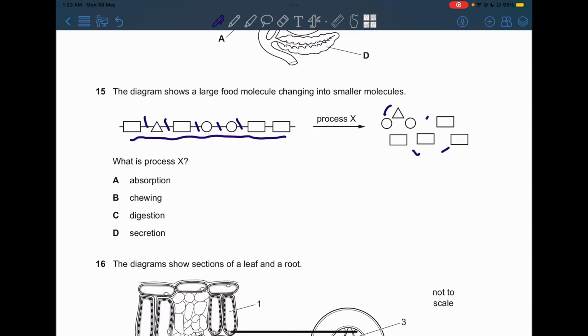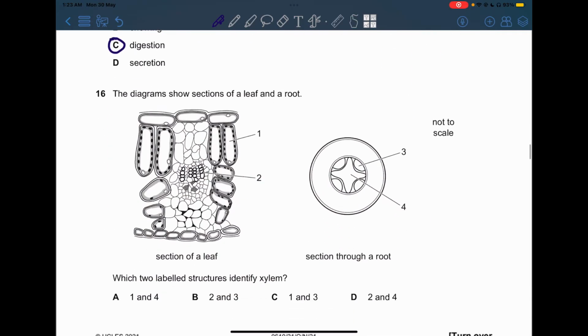So what is exactly that process? We're going to be saying that it is actually digestion, because digestion breaks down large food molecules into smaller food molecules, or it breaks down, like as you can see here, they were joined together and now they are unjoined. So our answer will be C.